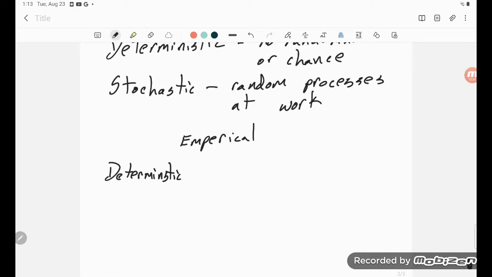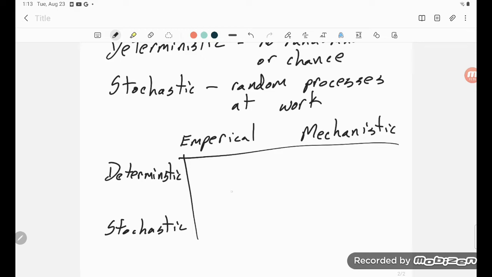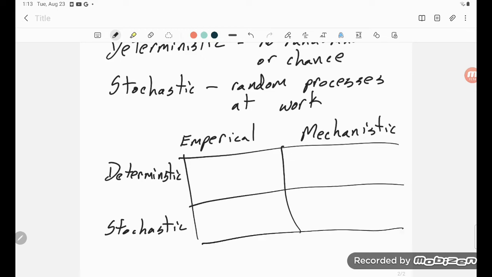We could have empirical and stochastic. And then we could have mechanistic and deterministic, or mechanistic and stochastic.